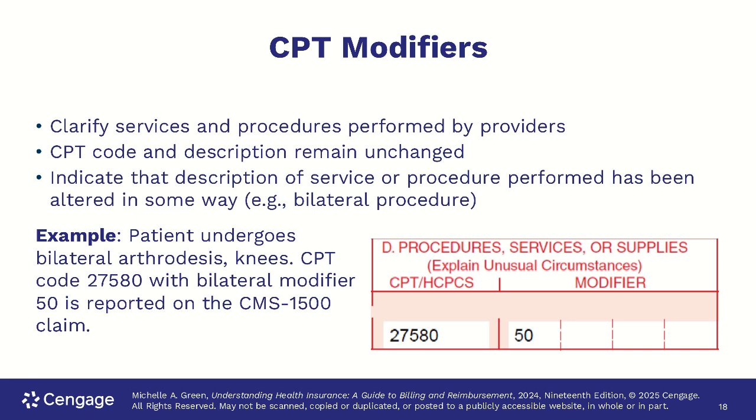That modifier is always going to be sequenced first in the little boxes here. You see that? And it basically clarifies what is impacted from a pricing perspective.